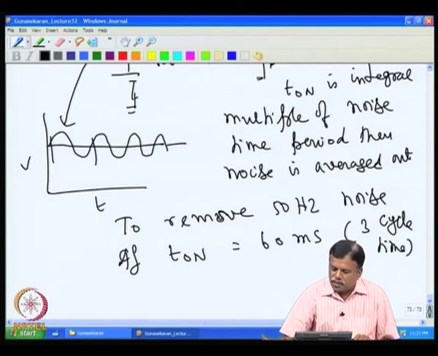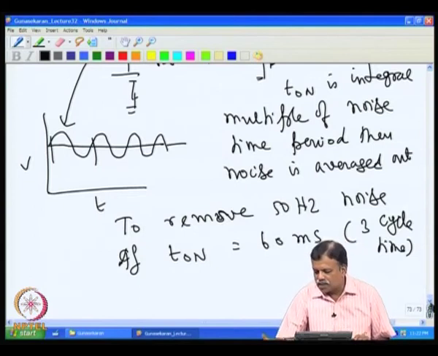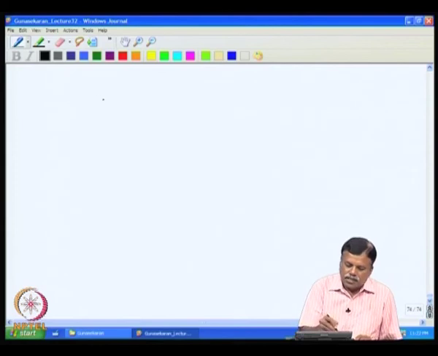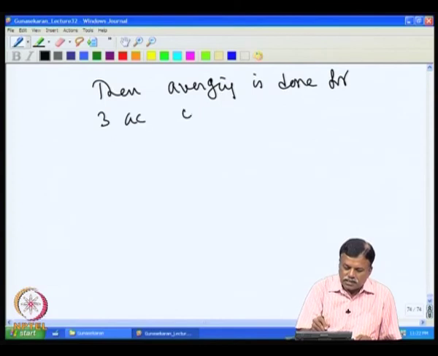If I keep T on as 60 milliseconds, then you will get an average of 3 AC cycles. Then your average current over 3 AC cycles is obtained, and averaging is done for 3 AC cycles.